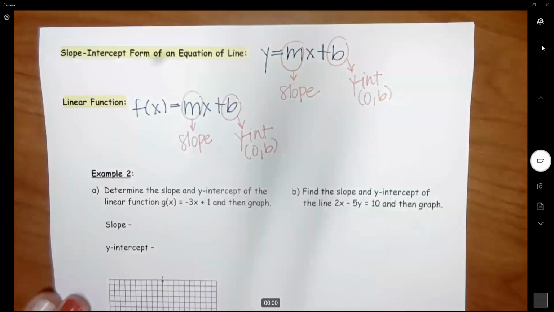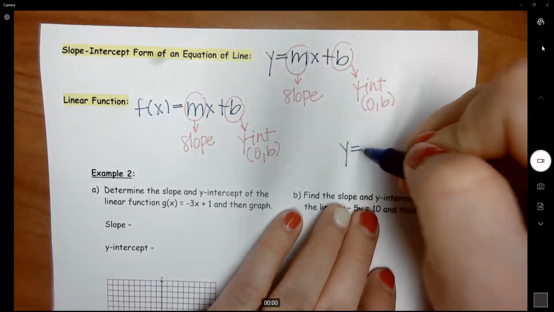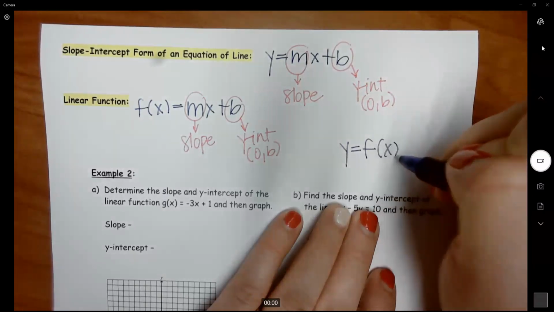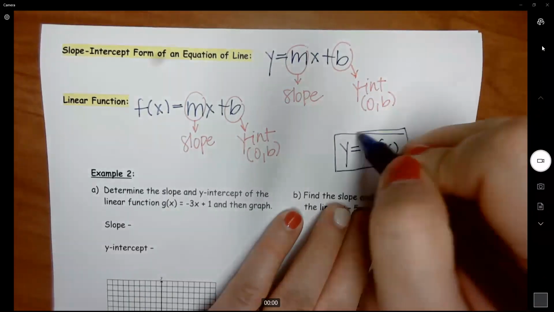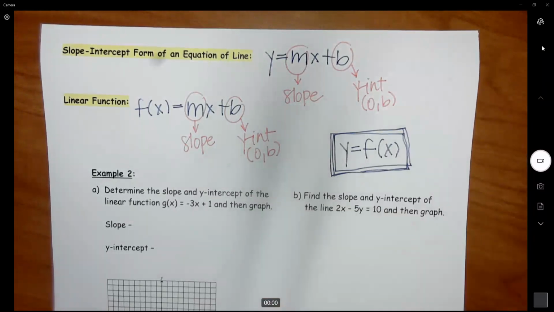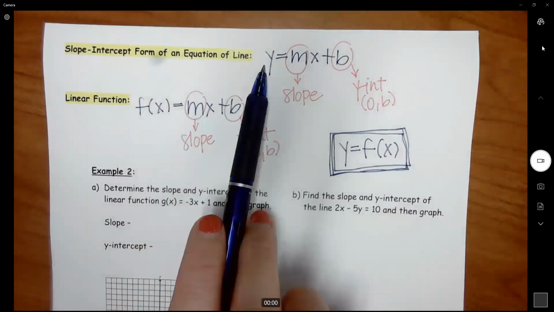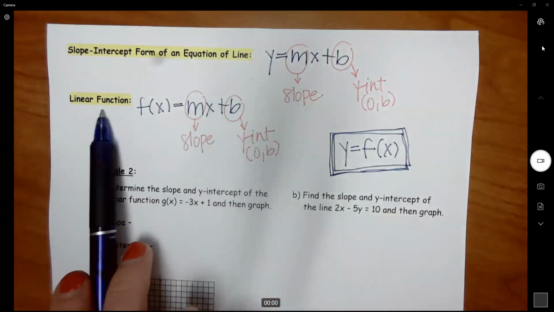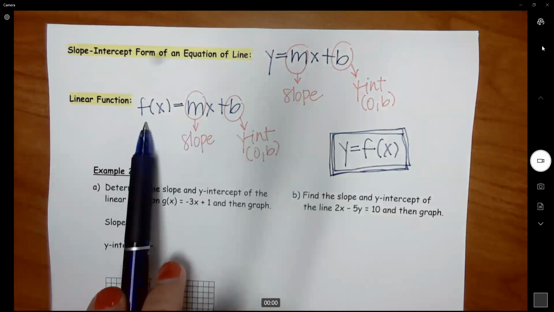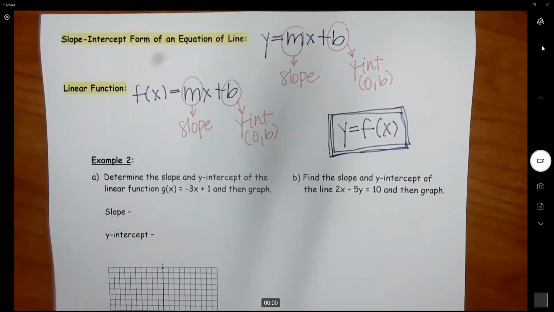So y and f of x are equal to each other, and we can interchange them as we need to. Slope-intercept form just says y equals. Your linear function has function notation, but they are treated the exact same.